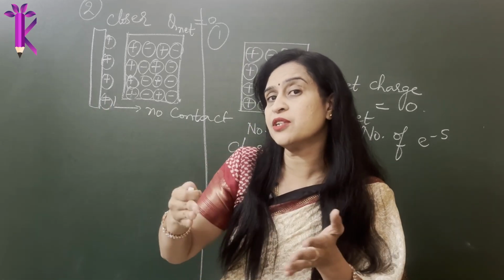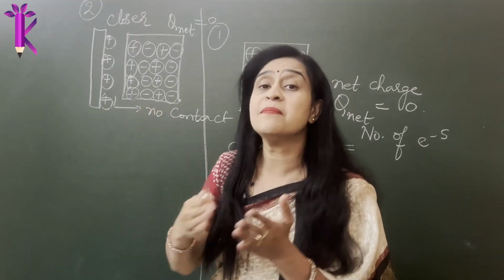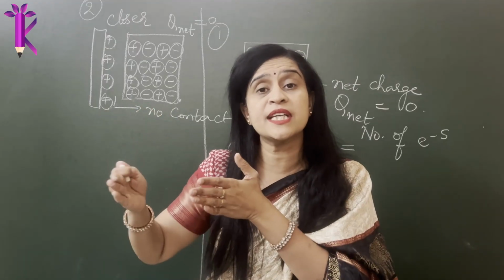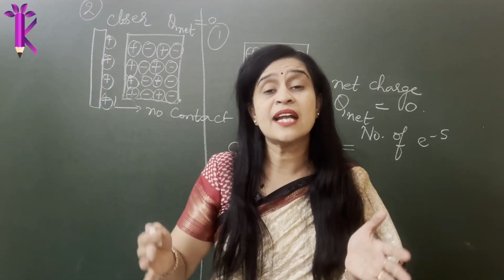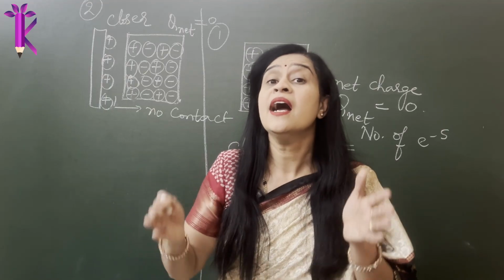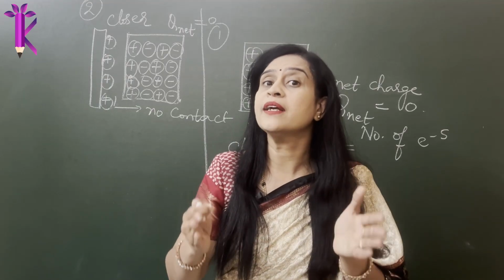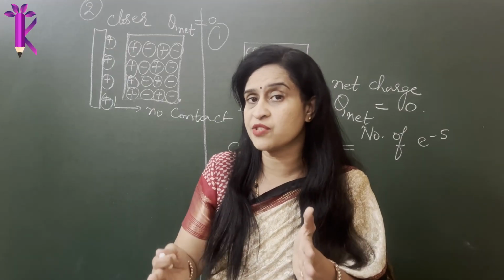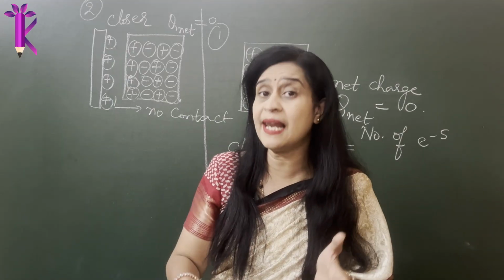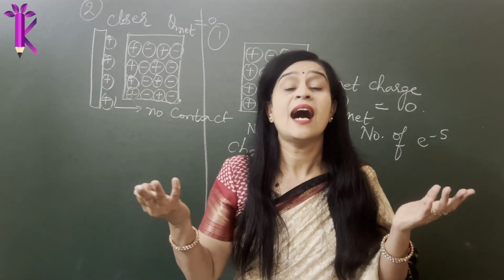So what will happen to the metal as such? The metal starts redistributing the charges on the metal surface. The charges get redistributed according to the properties of electrostatics, that is the properties of charges, that like charges repel and unlike charges attract.